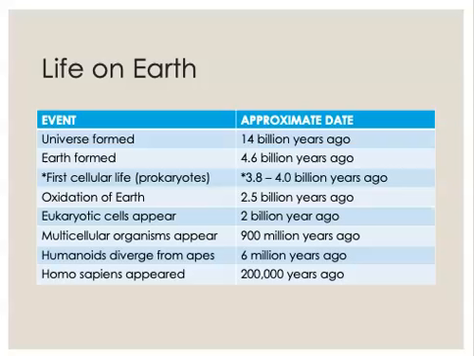They don't relate to prokaryotic organisms, but humanoids diverged from the other apes about 6 million years ago. And Homo sapiens, that's us, first appeared about 200,000 years ago. So we have been on this planet for only a very short amount of time so far.